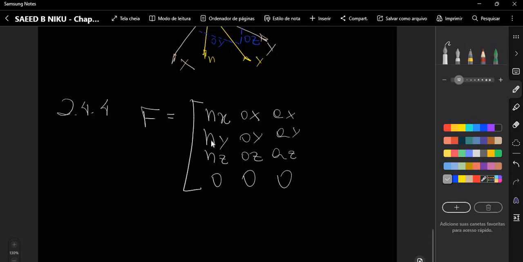This means the vector P has a direction that is not on any of these axes.